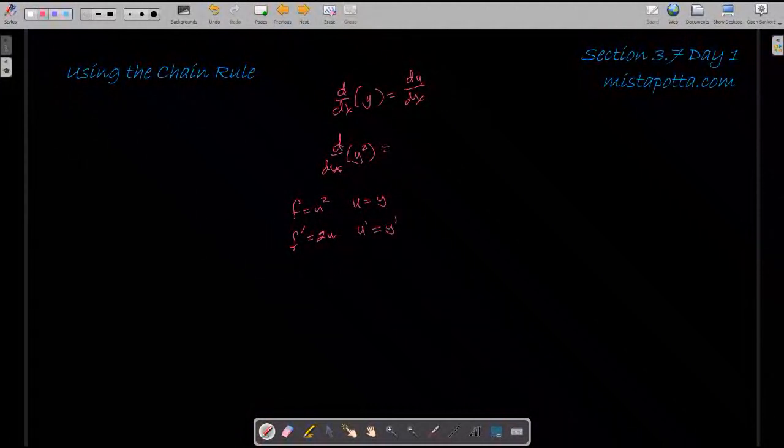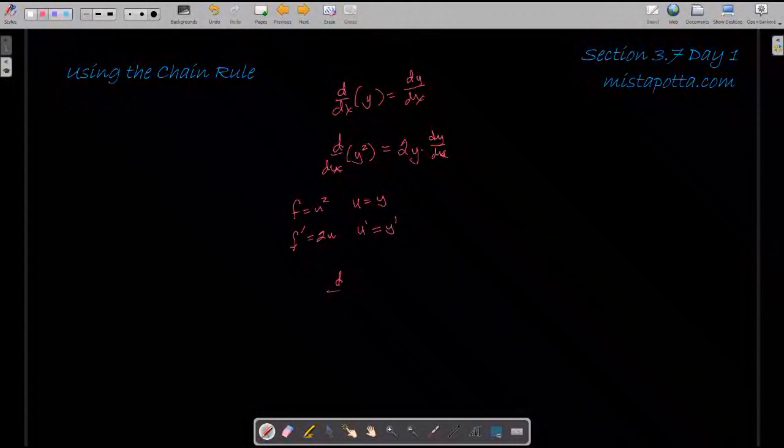So the chain rule tells me that this is going to be 2y dy dx. So whenever I take the derivative of something that involves y, I'm going to end up with this dy dx term, but the derivative is going to be very similar to what I would have had if this was an x.